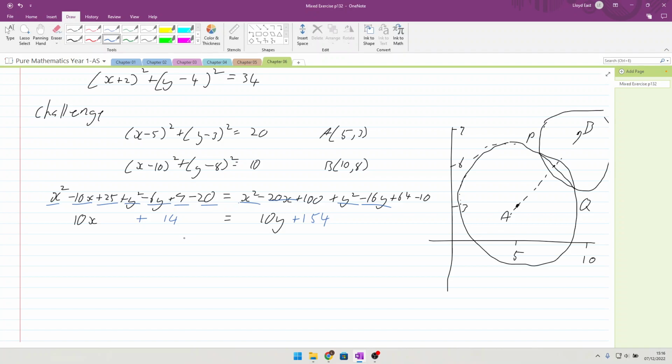So we end up with, okay, so the 10y minus 10y there.